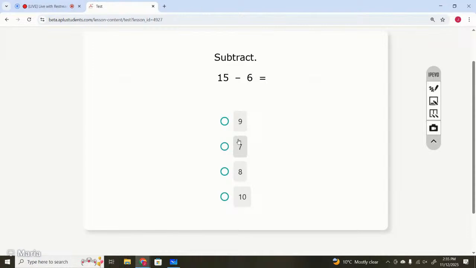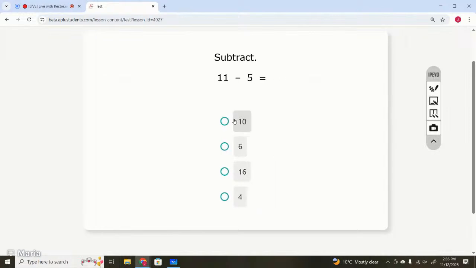So 15 take away 6 is 9 it is. The correct option is 9. 15 take away 6 is 9.